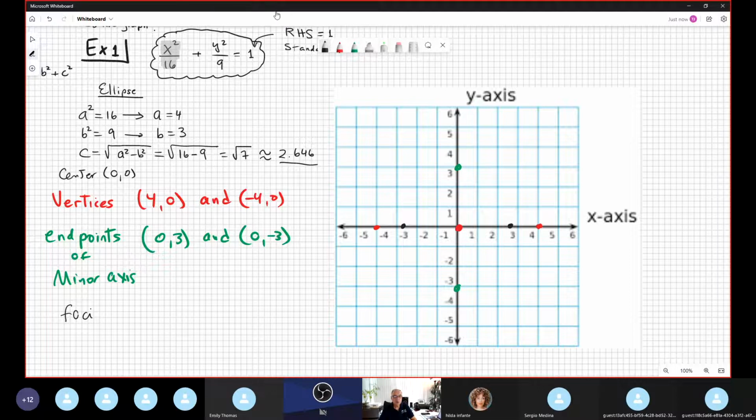So basically we have vertex 1, vertex 2, endpoint of the minor axis is this, endpoint minor 1, endpoint minor 2, and we have foci, que is foci 1 and foci 2. I call 1 and 2 either way.